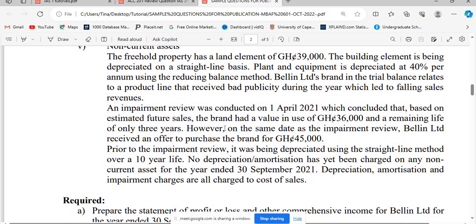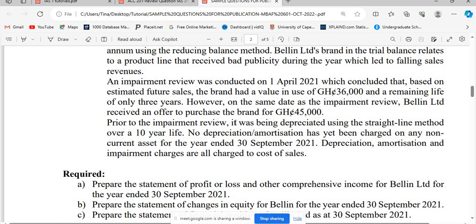An impairment review was conducted on 1st April 2021, which concluded that, based on estimated future sales, the brand had a value in use of 36,000 and a remaining life of only 3 years. However, on the same date as the impairment review, Berlin Limited received an offer to purchase the brand for 45,000. Prior to the impairment review, it was being depreciated using the straight line method over a 10-year life. No depreciation or amortization has yet been charged on any non-current asset for the year ended 30th September 2021. Depreciation, amortization, and impairment charges are all charged to cost of sales.